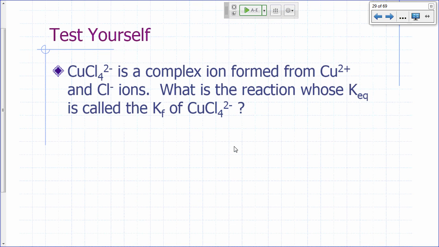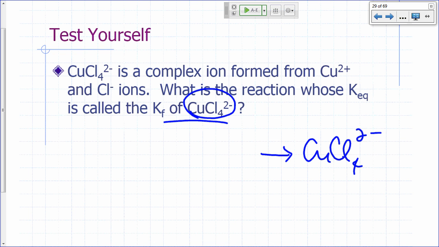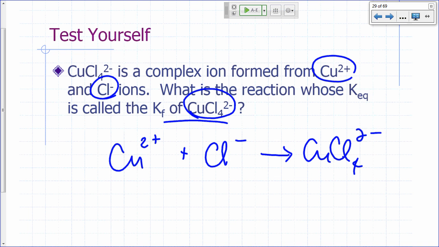CuCl4 negative 2 is a complex ion formed from copper ions and chloride ions. What is the reaction whose KEQ is called the KF of CuCl4 negative 2? What kind of reaction are we talking about here? We're forming one CuCl4 with a negative 2 charge from what? From the cation, which is copper, and chloride ions, your nucleophiles, right?